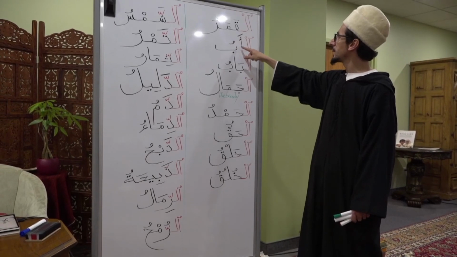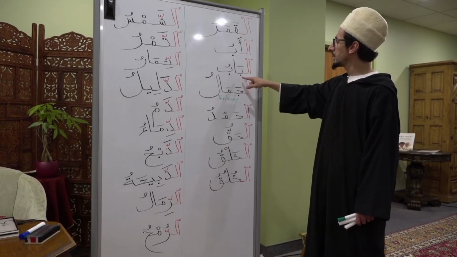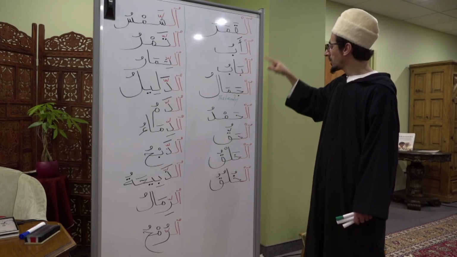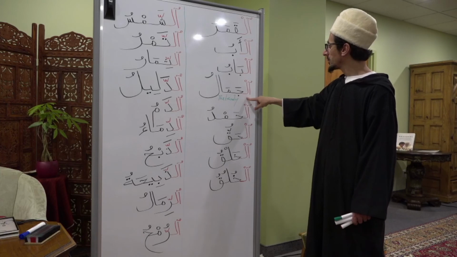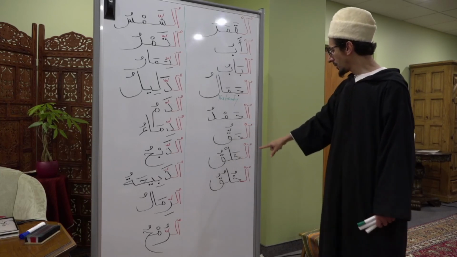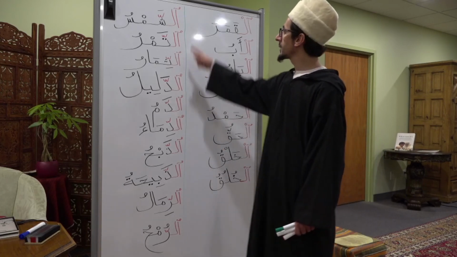The letter Hamza follows the moon. Ba follows the moon. Jim follows the moon. Ha follows the moon. Kha follows the moon. These are 6 letters here, and we have 6 letters here.